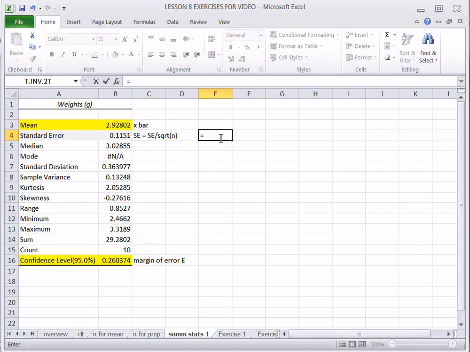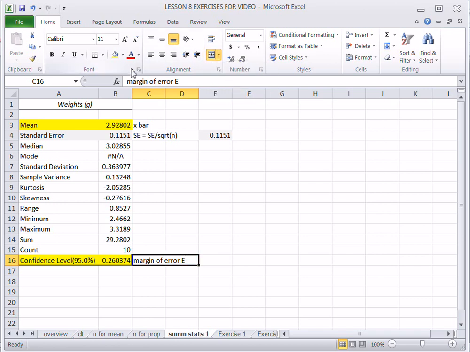Equals, if I take the standard deviation here and divide that by the square root of the sample size, or count n here, note I get 0.1151, which is the output right here, 0.1151. So that's the standard error. Now here is the margin of error right here. This margin of error is going to be used to find the confidence interval.